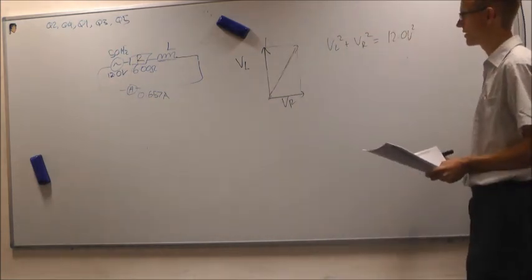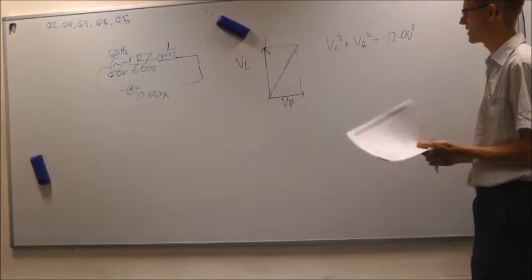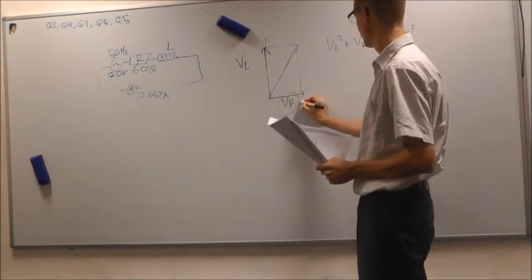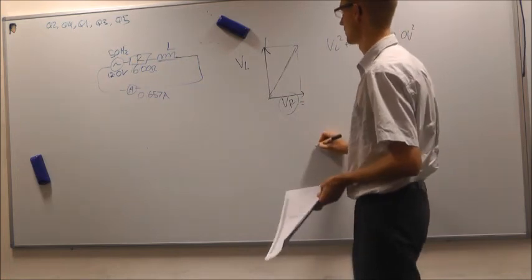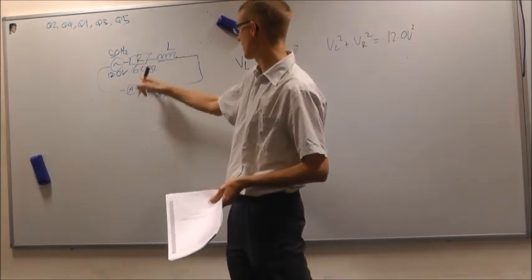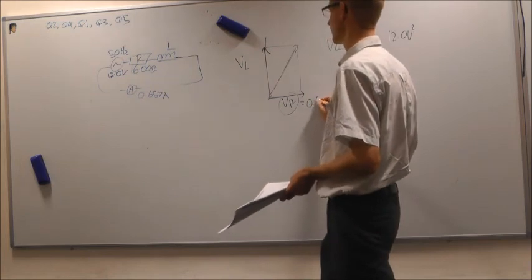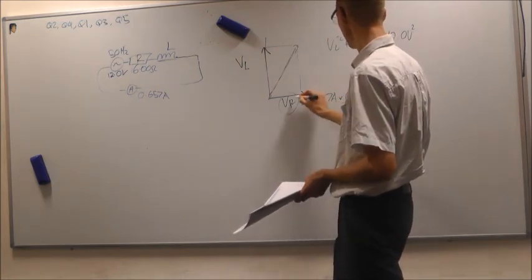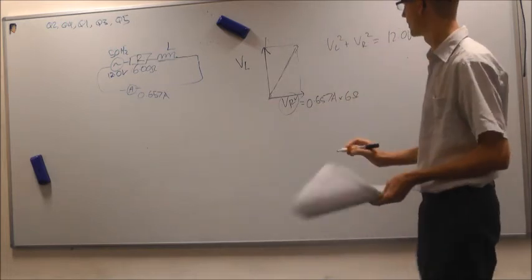Now, what do we know? Well, we know that VR, because it's just a resistor, is I times R, so it's 0.657 amps times 6 ohms, so we know a value for VR.